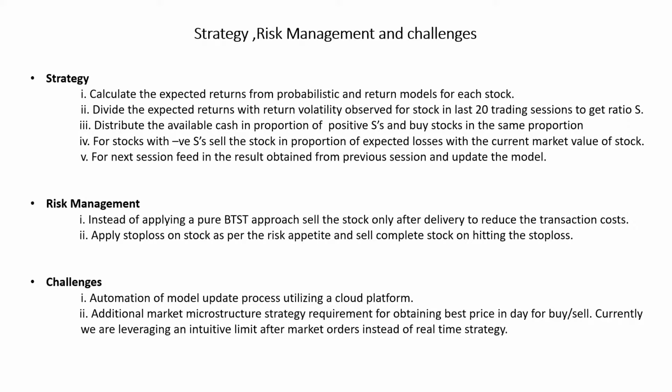Then for the stocks which have negative S ratios, which means their returns are predicted to be negative, we sell the quantities of those stocks in proportion to the expected losses relative to their current portfolio value.